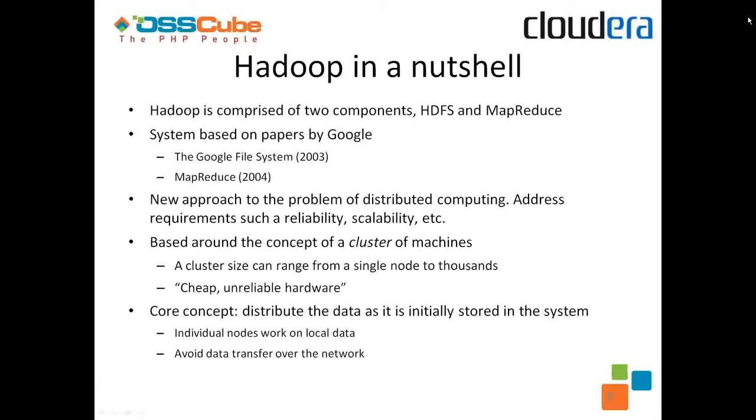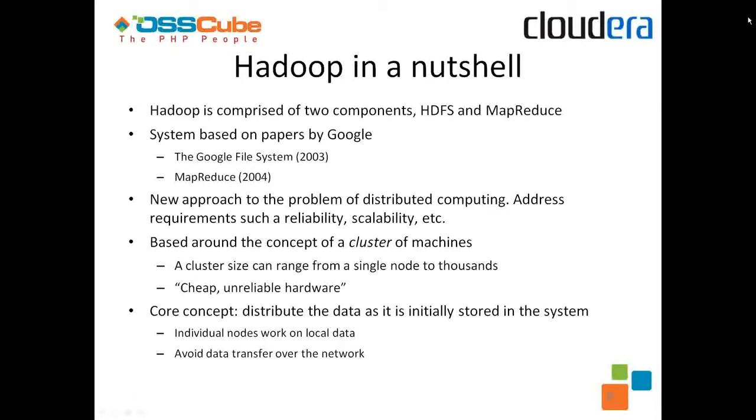The result of their research, they published in two papers: GFS, the Google File System, published in 2003, and the year after they published another paper, MapReduce. The open source community picked these papers up and implemented these concepts published by Google, and hence Hadoop was born.